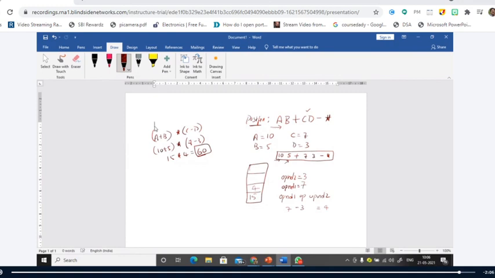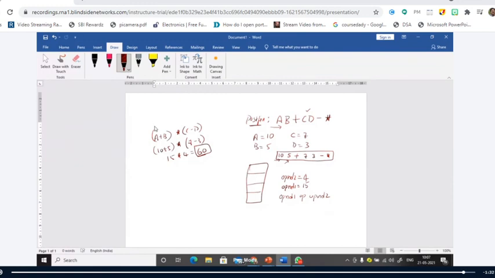Now again, after scanning the given postfix expression, the next operator is star. When you come across an operator, you perform 2 pop operations, place the first popped element in operand 2 and the second popped element in operand 1, and perform operand 1 operator operand 2.